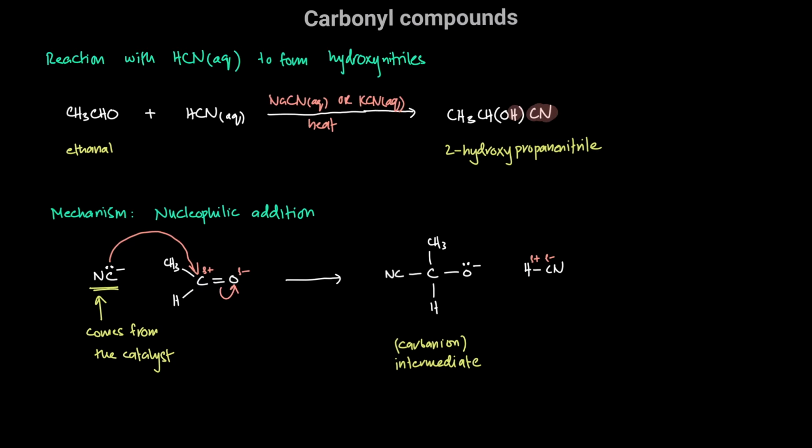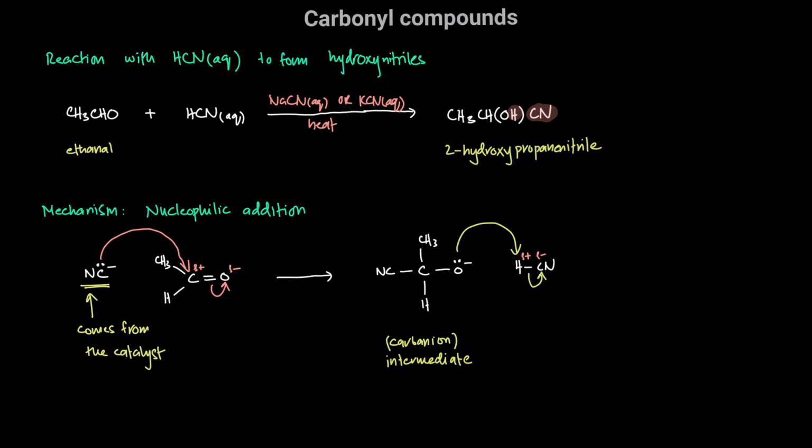What happens here is that the oxygen attacks this hydrogen, and this H-C bond breaks heterolytically, and we end up making our product. So what we get here is C bonded to a CN, bonded to a CH3, bonded to a hydrogen, bonded to an OH. And we also get CN- again.